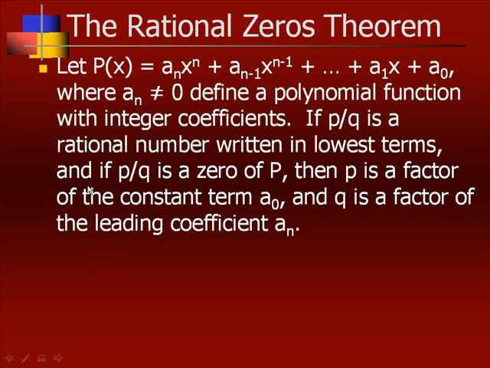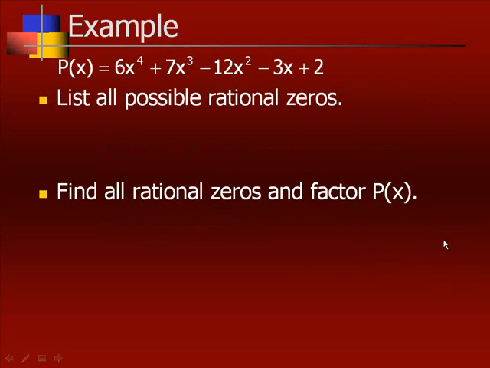So what that says is all possible rational zeros have to be of the form factors of a sub 0 over factors of a sub n. These are the only possibilities that we're going to have for solutions, or zeros.